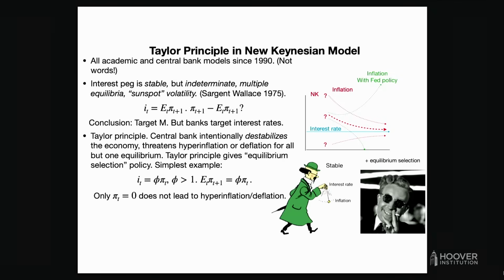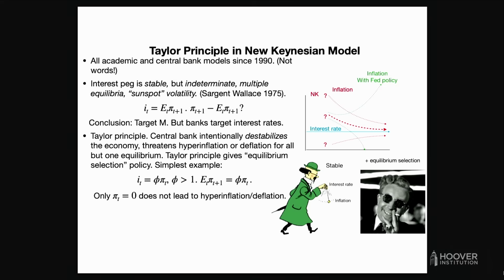Here, the Taylor principle has a completely different effect. As I show you in the green lines, by following this principle, by raising more than 1 for 1, the central bank takes an economy that is already stable and makes it unstable. Why would anyone do anything as nutty as that? Well, it makes it unstable, but for all but one value of inflation. It's sort of like Dr. Strangelove down on the bottom here.